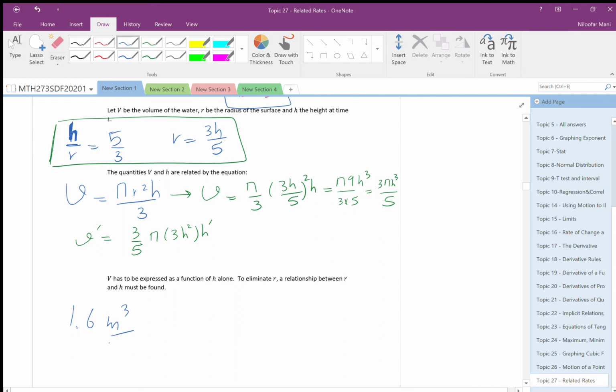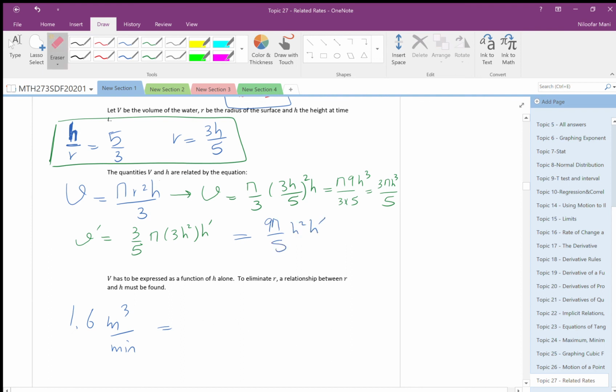Yes, because I want to keep in my mind what is the unit. So 3 over 5 pi, yes, 3 over 5. So I can simplify here. So it is 9 pi over 5 h squared h prime.